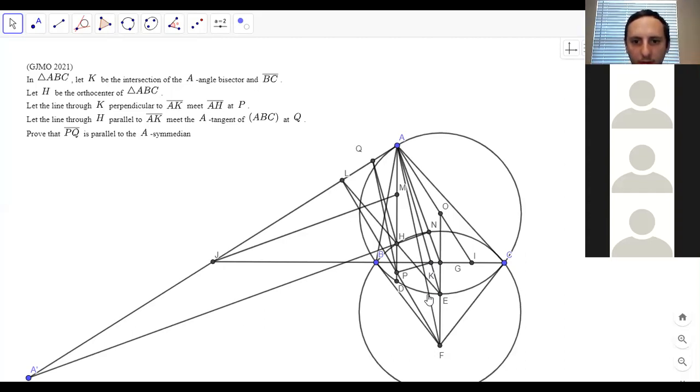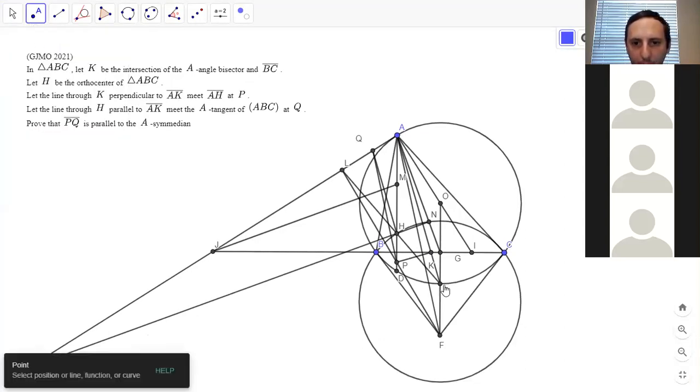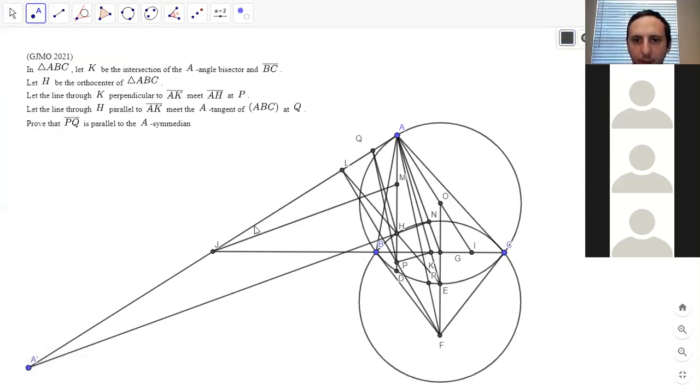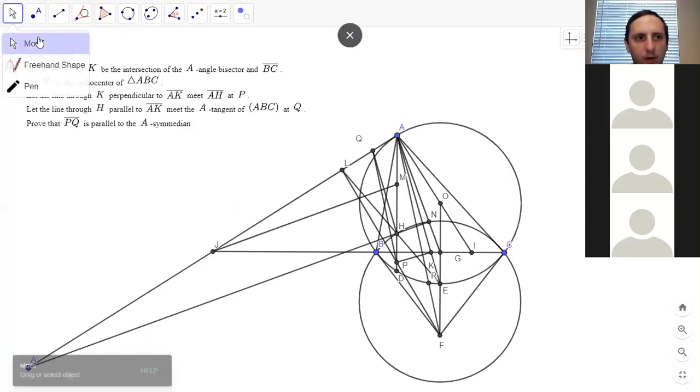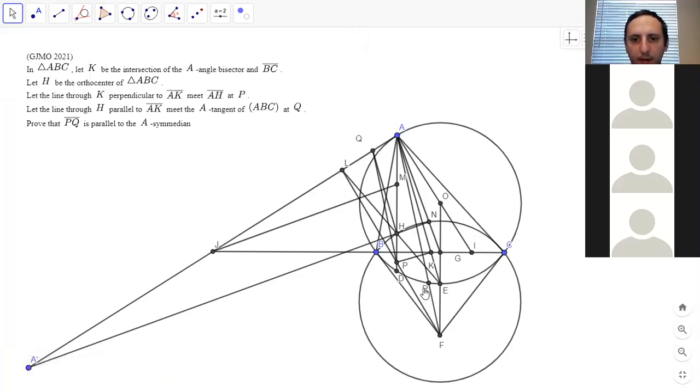Okay. Okay, it's a well-known property actually. Yeah, so basically this point right here is the reflection of N over BC. Yeah. So yeah, because it's harmonic, yeah, that makes sense.